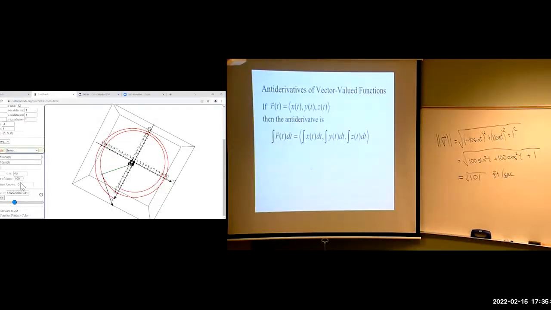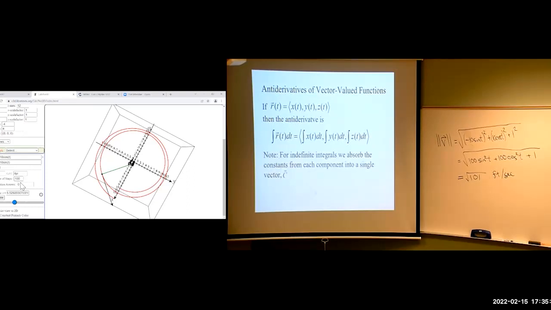Just last thing we're going to talk about: antiderivatives of vector valued functions. Well, hey, we just saw taking derivatives of vector valued functions. We can go the other direction too. For instance, if we have a velocity vector and we want to recover the position vector, we would do the antiderivative. So you're just doing the antiderivative of each component.